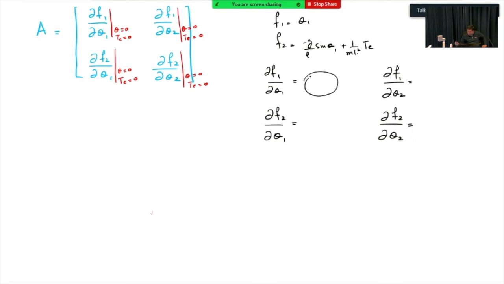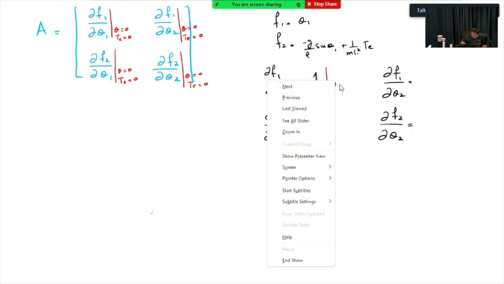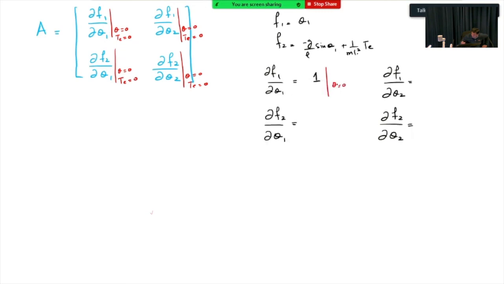The thing here. Is it one? Yes, it is 1. And obviously we had to put theta equal to 0 and Te equal to 0, but it's not even required here, so that's okay. And what is the thing here?